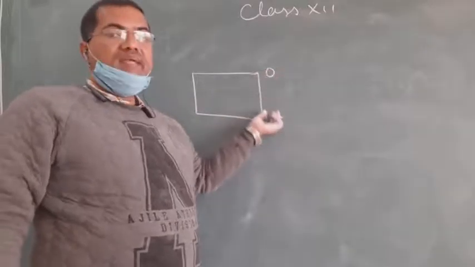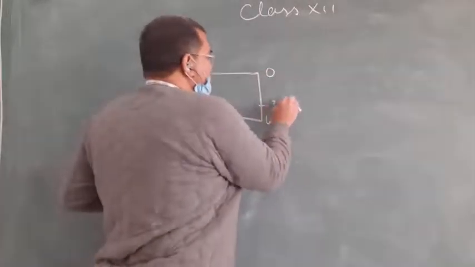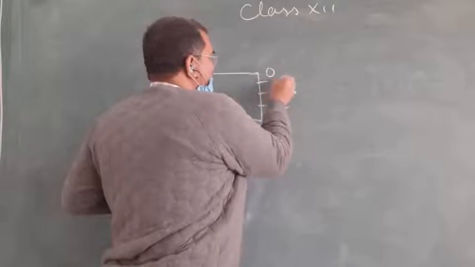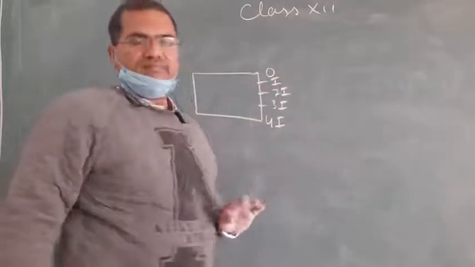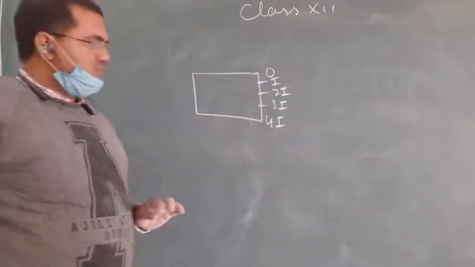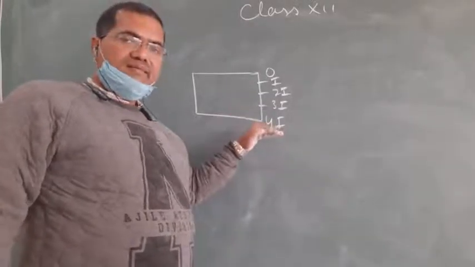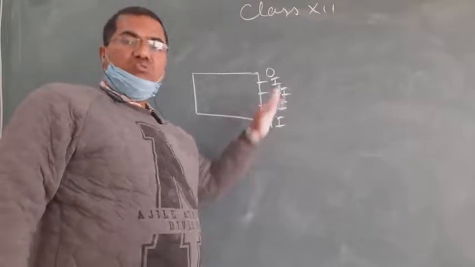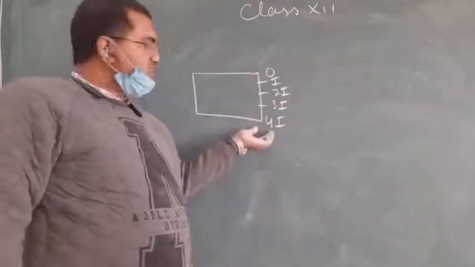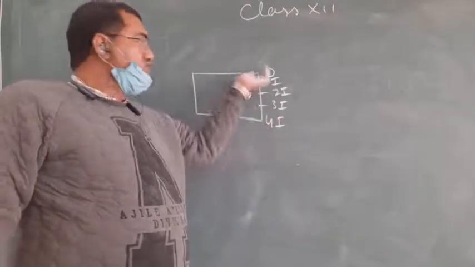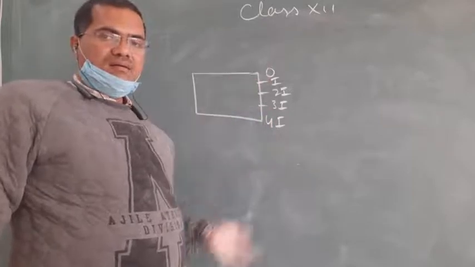So there would be 3I also, 2I also, I also. So remember that 4I is the maximum intensity and it can vary from 4I to 0. This is maximum and this is minimum.